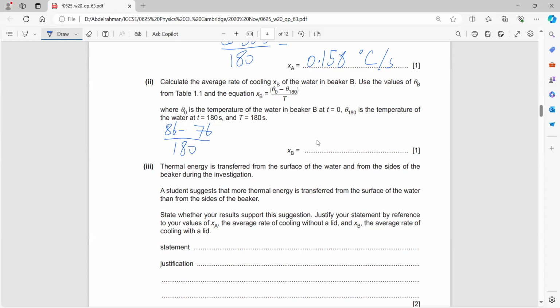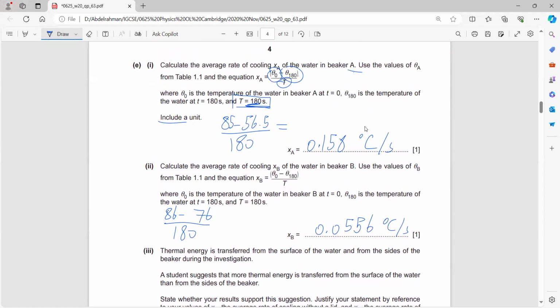I guess it was 0.0556, to 3 significant figures. 0.0556 and again degrees Celsius per second.